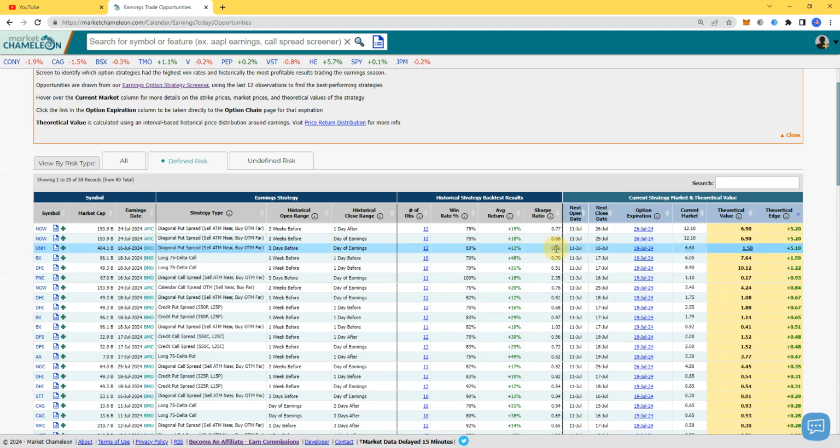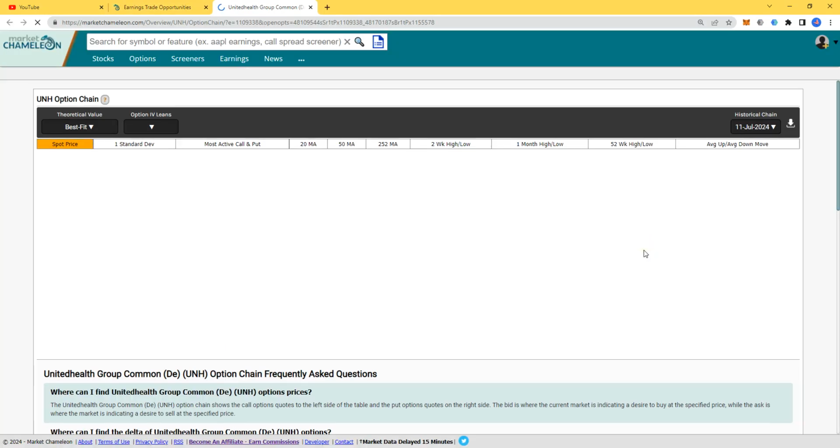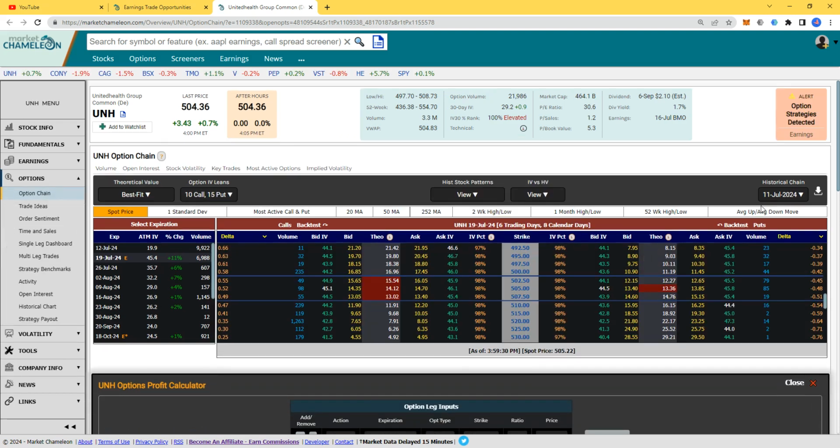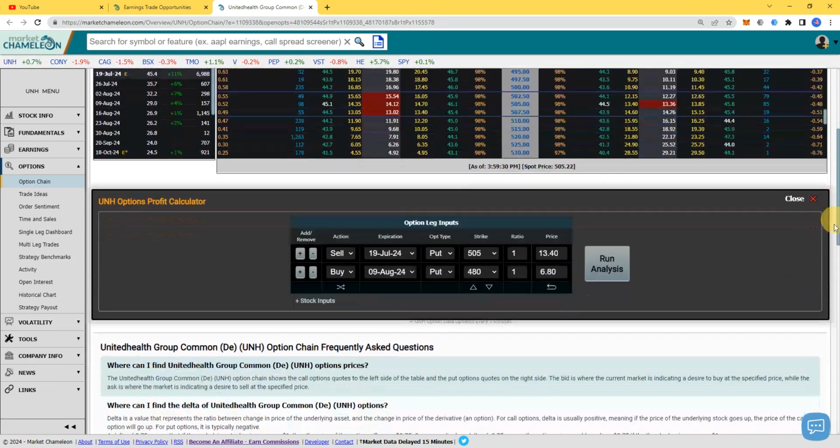Okay, we got a Sharpe ratio of 0.56, and if you click on the trade, it tells you what's going on. This is just one example of, as you saw, like millions upon millions of trades, and it tells you option strategy detected. Price today, United Healthcare 504, okay, and it tells you what to do. And let's scroll down and see what to do.